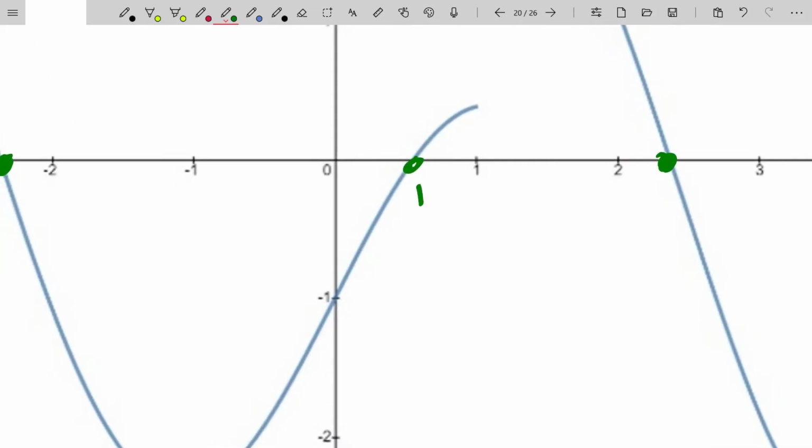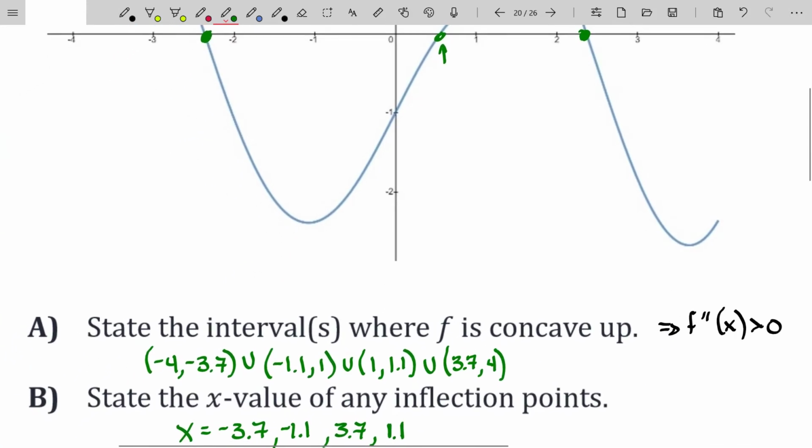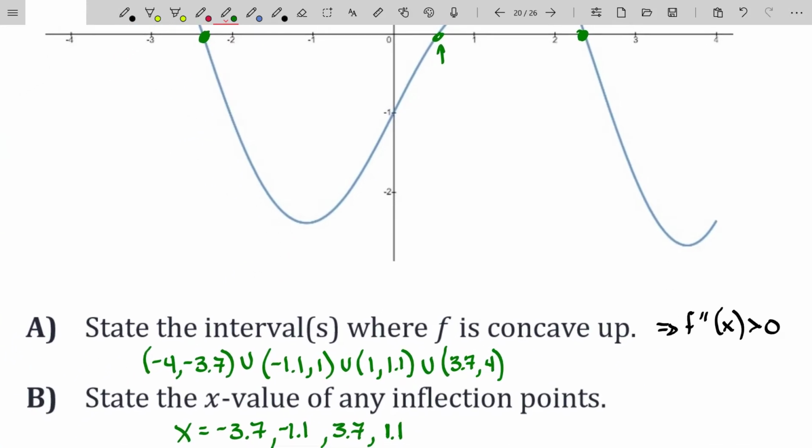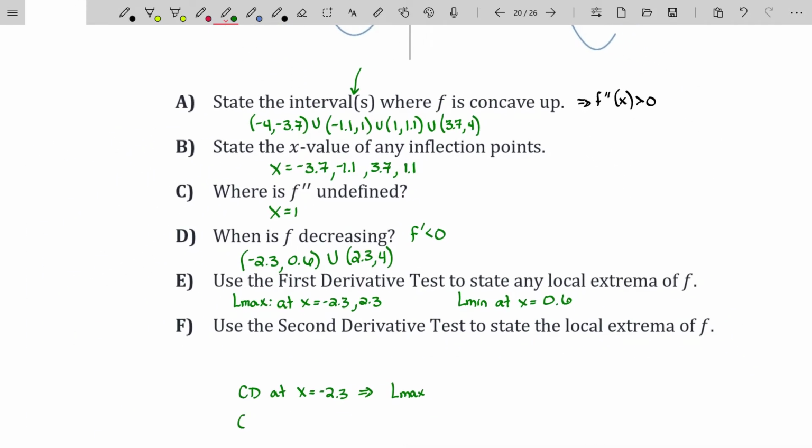At x equals 0.6, our derivative is 0. We said that the curve was concave up from negative 1.1 to 1. So we know that it's concave up at x equals 0.6. So concave up, but it flattened for a moment at 0.6, means you have a local min.